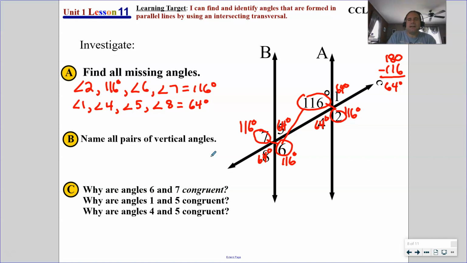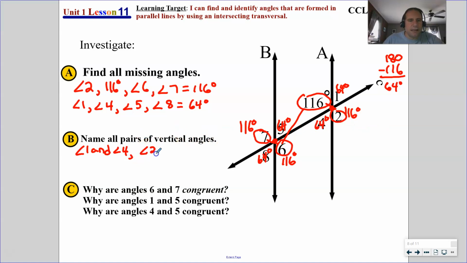Now it says to name all the pairs of the vertical angles. Remember, vertical angles meet in the middle right here on a vertex. So we have angles 1 and 4 are vertical. Hopefully you have this down already; you're just checking your work.